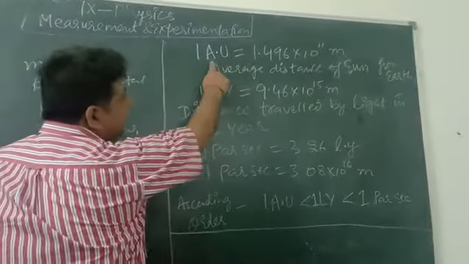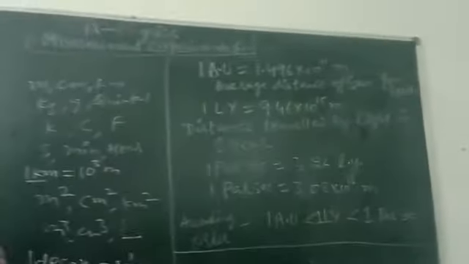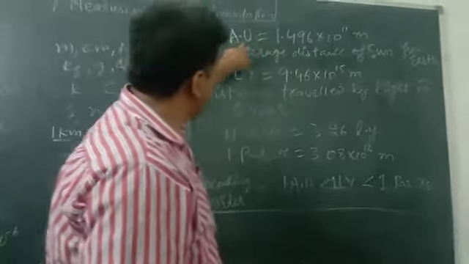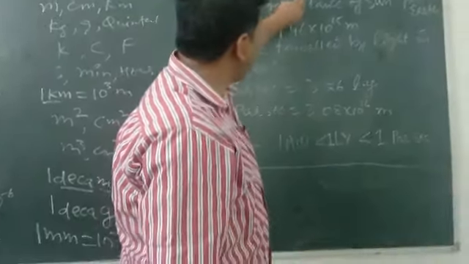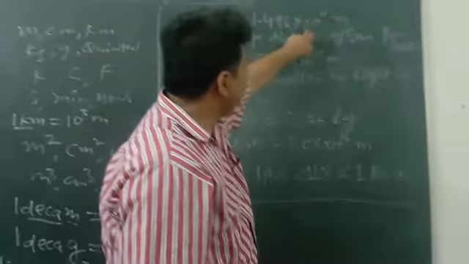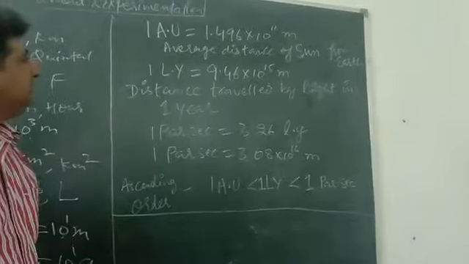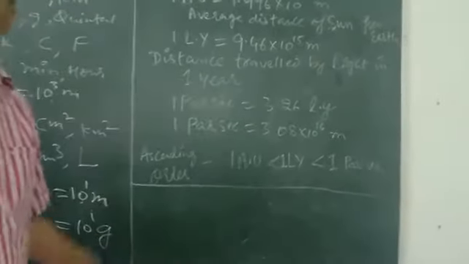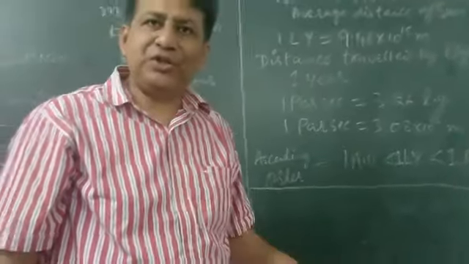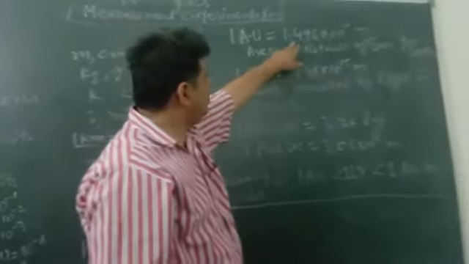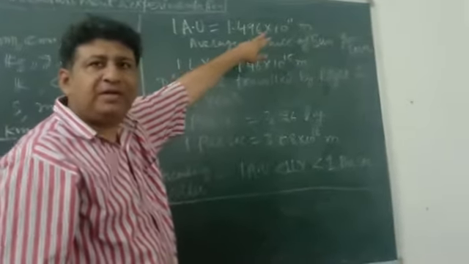These are bigger units of length, and 1 astronomical unit is equal to 1.496 into 10 raised to the power 11 meter. It is taken as the average distance of Sun from Earth. 1.496 into 10 raised to the power 11 meter.